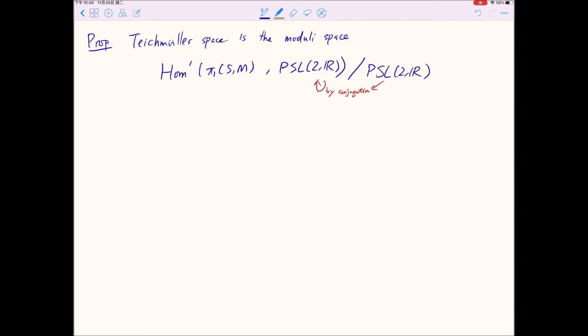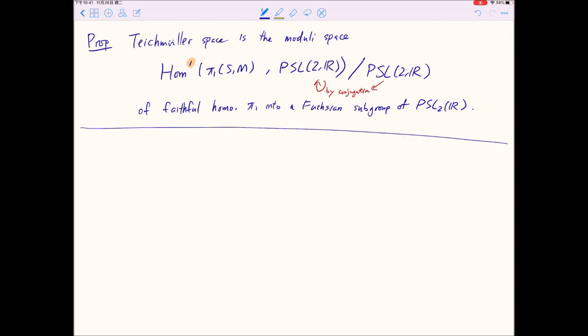And the prime here means that the homomorphisms have to be faithful, because we want the fundamental group to be a subgroup of PSL(2,R), a Fuchsian or discrete subgroup, up to conjugation on the image. All right, so this is the definition of the Teichmüller space.